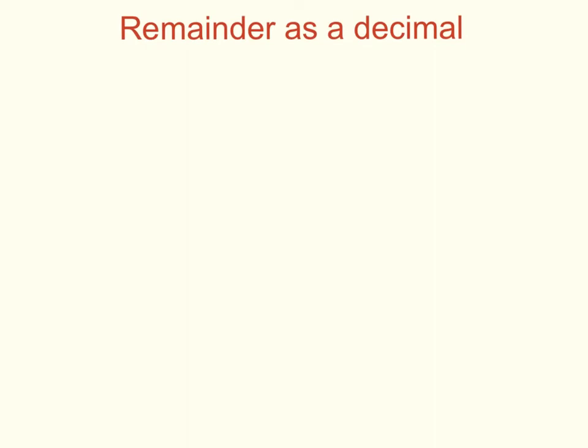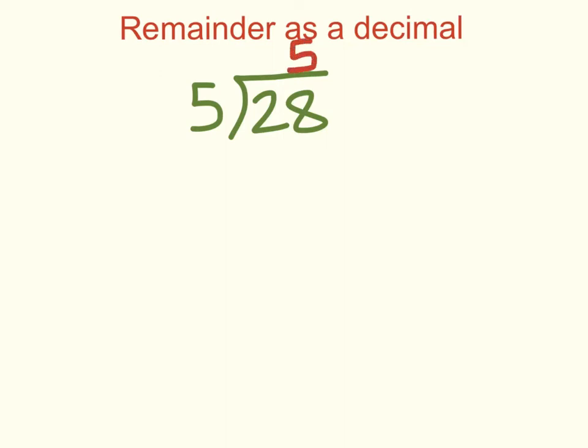Alright, let's try this one. 28 divided by 5. Well, 5 doesn't go into 2, so I'm going to look at the first 2 digits and see if 5 can go into 28. And I know that 5 times 5 is 25, so that gets me as close to 28 without going over.